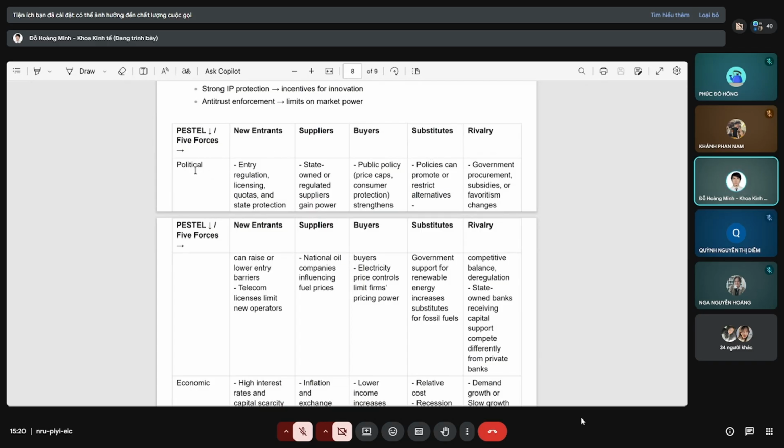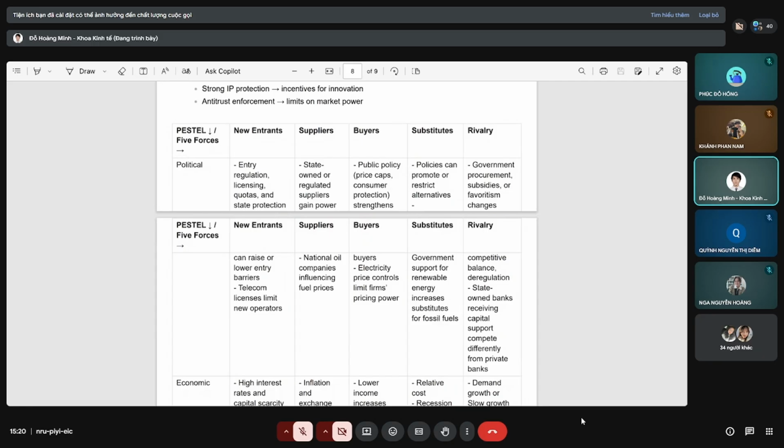So political factors can have influence on the first competitive force, potential competitors, because regulation, for example, as a political factor, can raise a legal or administrative entry barrier.